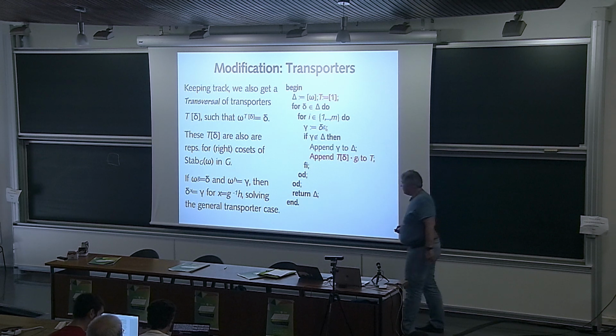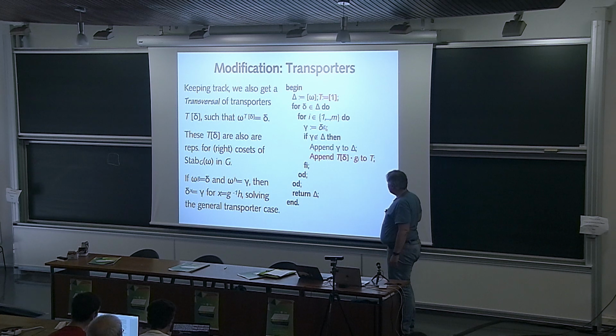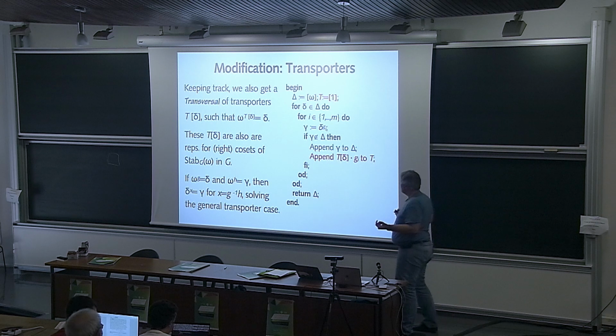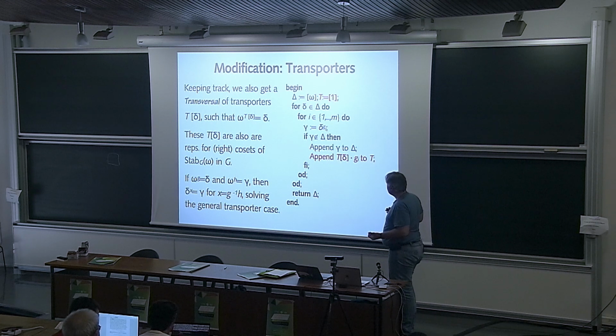And now, whenever I get a new element gamma, I basically know how I get it from omega. Well, gamma is obtained as the image of some delta under a generator. I know already which element maps omega to delta, namely the transversal element for delta.